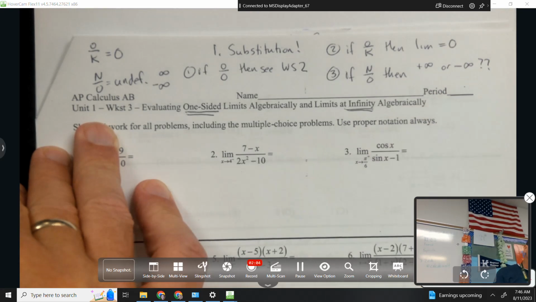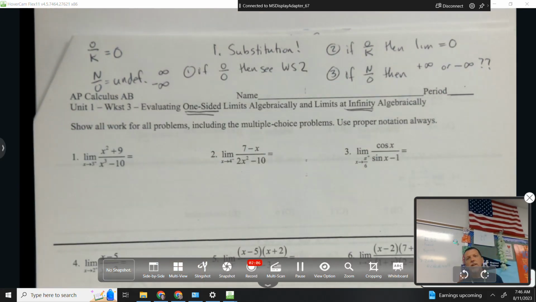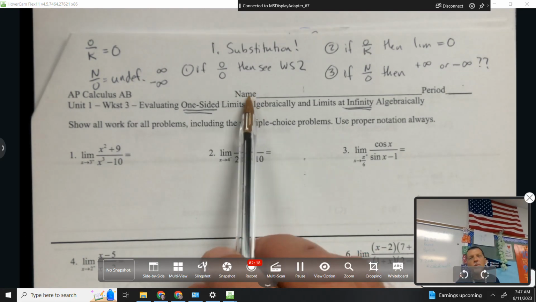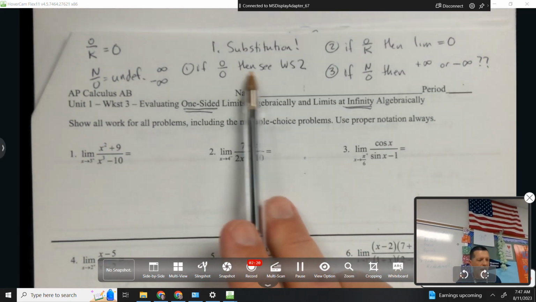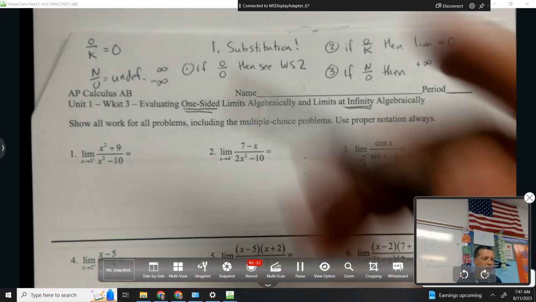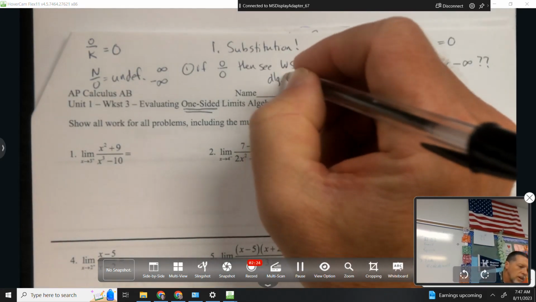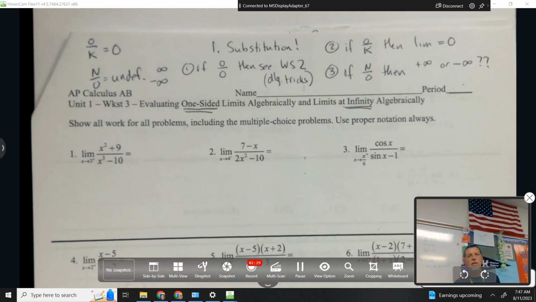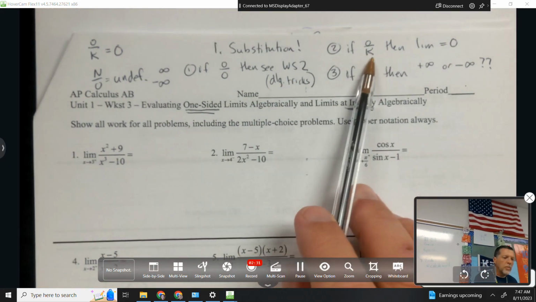So that's kind of the path for today. There's going to be zeros in places, and we got to know how to handle them. If it's 0 over 0, then we got to back up and do one of the tricks from yesterday. That's not going to happen much today, because that was yesterday's issue. But thinking big picture, if that happens, then you got to do one of the algebra tricks. If you get 0 in the top and a number in the bottom, that's great.